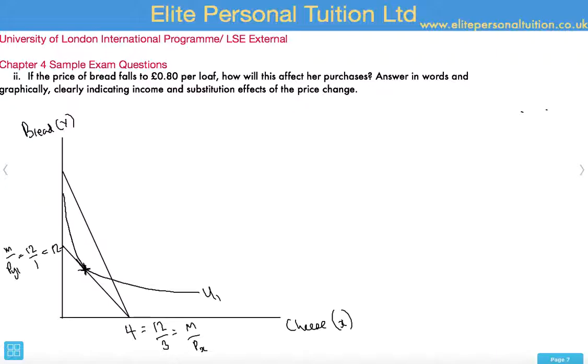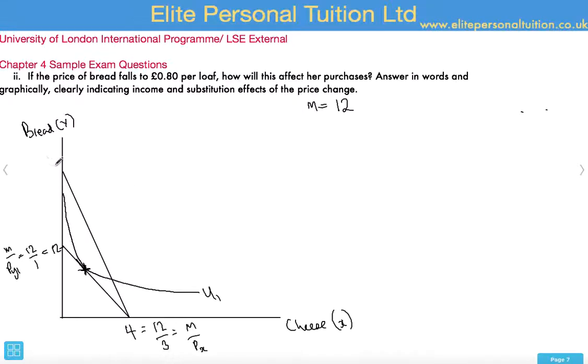Okay, and why is that? Well, that's because with the price of bread lower, the maximum amount of bread we can now obtain with our given budget is a lot higher. So the question told us that her income was £12.